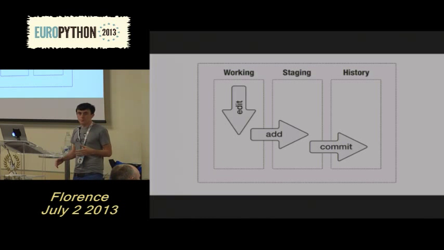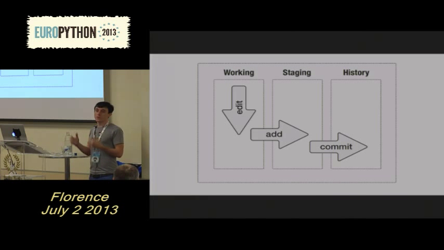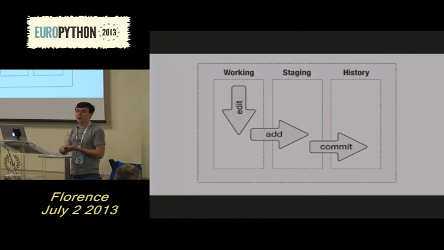Another thing to be aware of when you're working with a Git repository, people often think about your history, right? Git is your history. It's got all the revisions of my code. I can go back in time. But sometimes people don't understand this whole staging and working area. The working area of your code is like the working directory on your machine, and I think you're all pretty familiar with that. You use your editor, Emacs, Vim, whatever you use, and you edit your code.